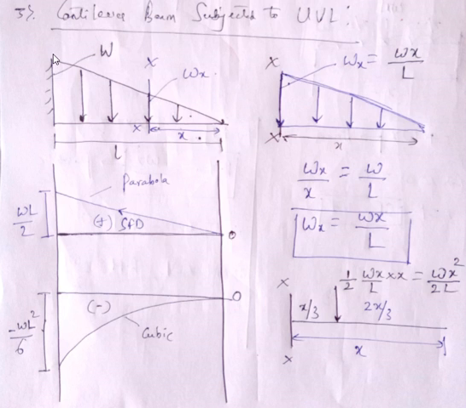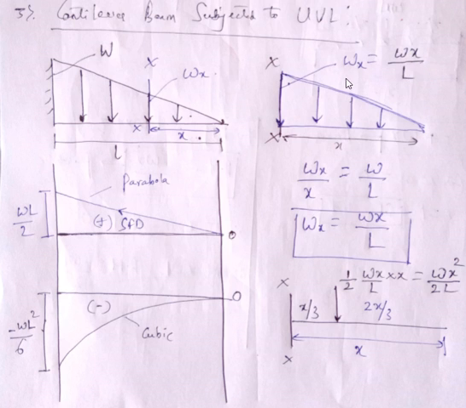For the bigger triangle, height is W and base is L, so W by L is equal to, for the smaller triangle, wx by x. From here I should find the value of wx, so wx is equal to W into x divided by L. So intensity of wx will be equal to W x by L.